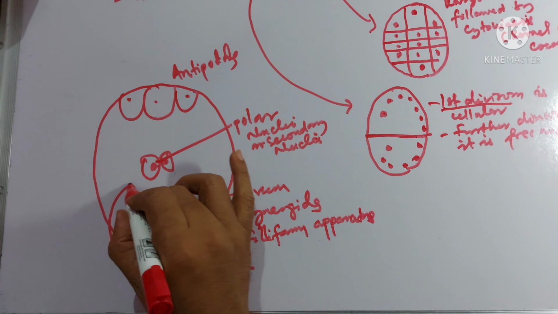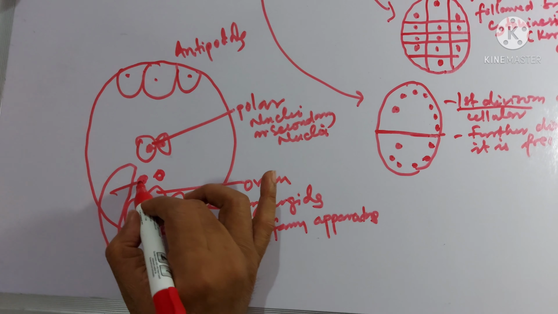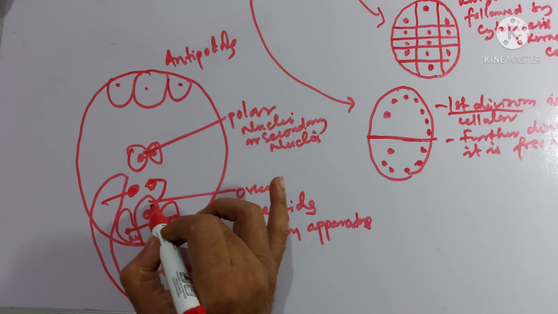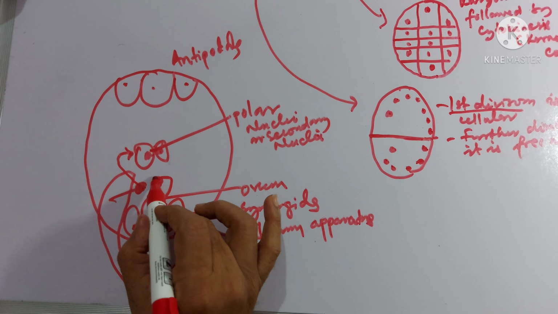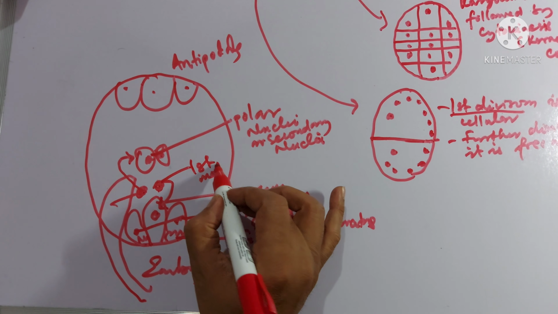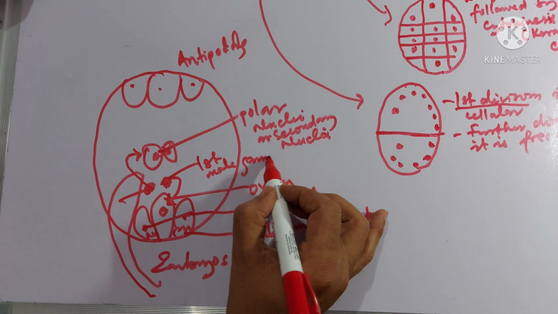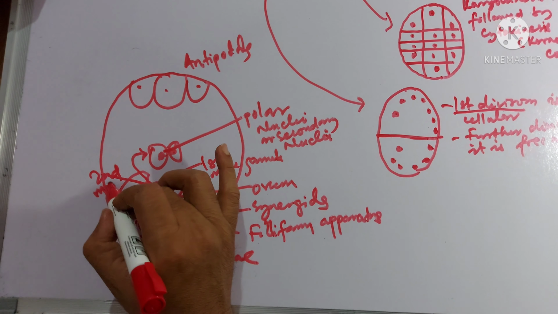When the pollen tube enters, it gives the two male gametes. One fuses with this and another fuses with this. This is the first male gamete and this is the second male gamete.